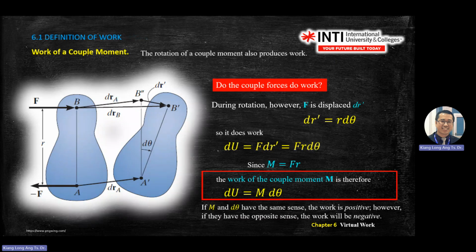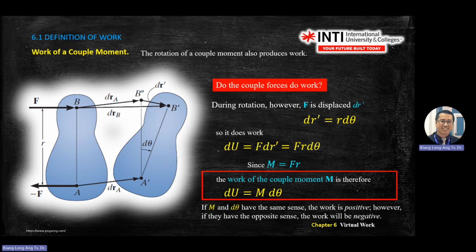If it is the work done by translation, it means a straight line, going up or going down. But what happens if you have rotation by a moment?